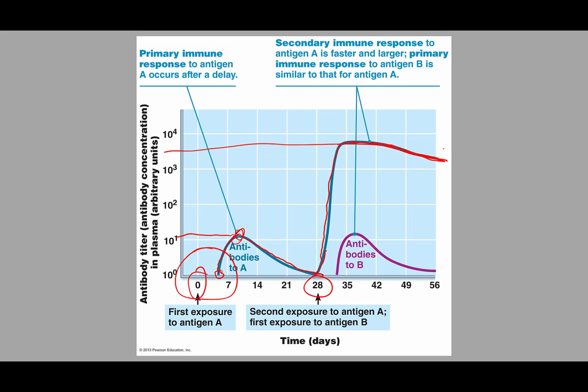So this is why you don't get sick from the same thing a second time. Yes, you've probably had the flu twice. Yes, you have had strep throat twice. But when that happens, it's not the same strain.